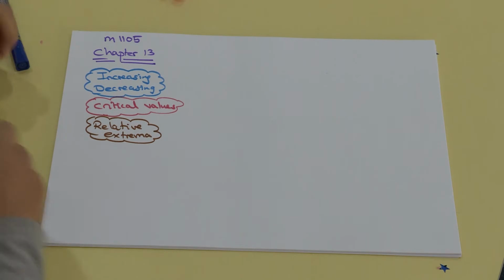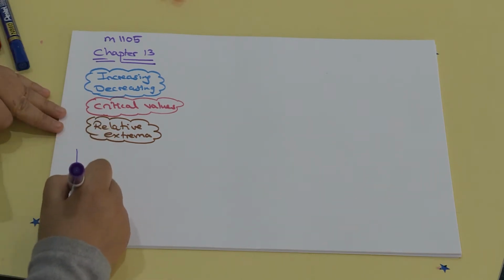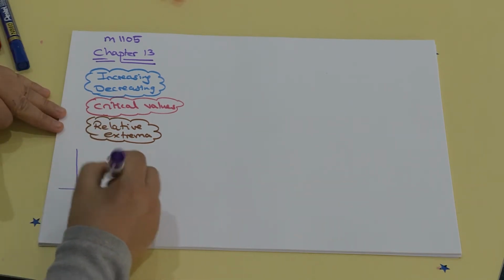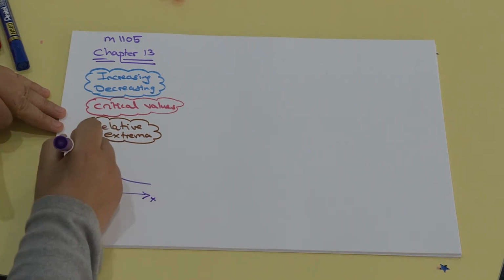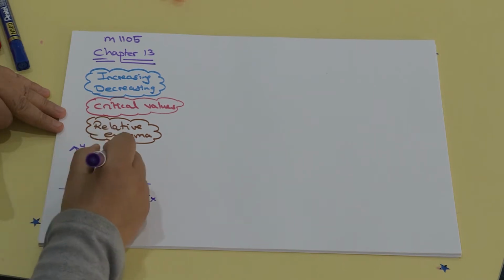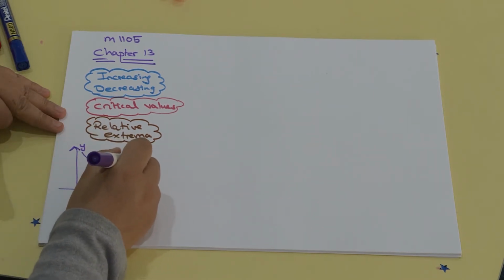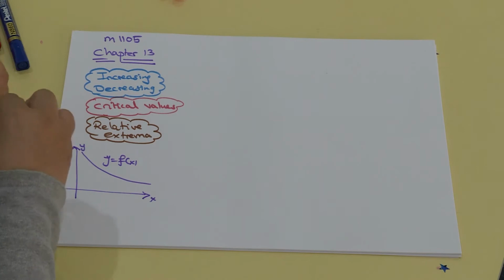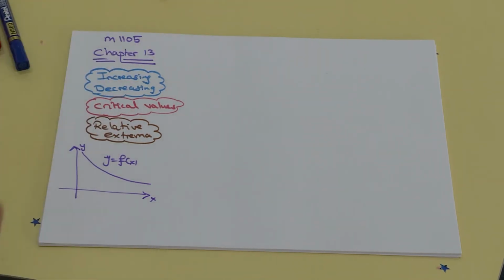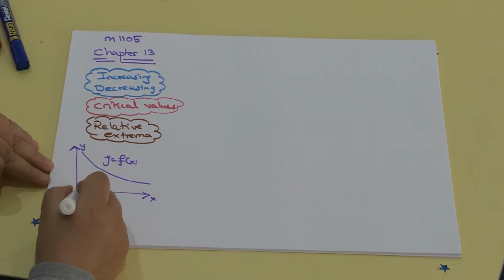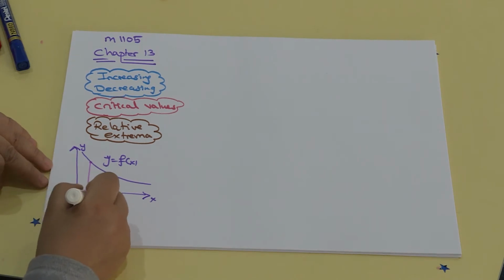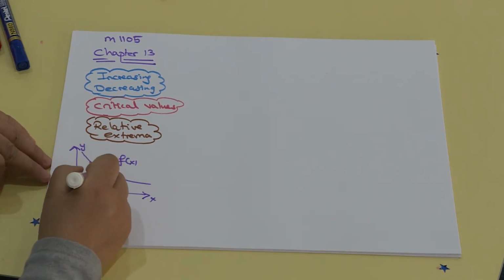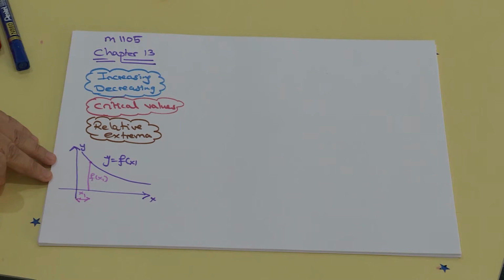To start with, I'll sketch a graph of any function f of x. This is the x-axis, this is the y-axis, and here I have y equals f of x. Let me take a point, let's say x1. This is a point on the curve, it has x1 as an x coordinate, and it has f of x1 as a y coordinate.